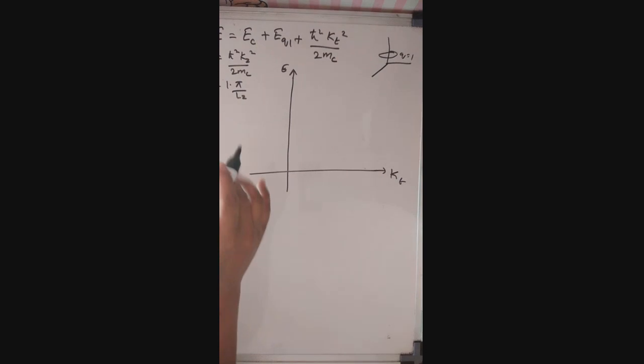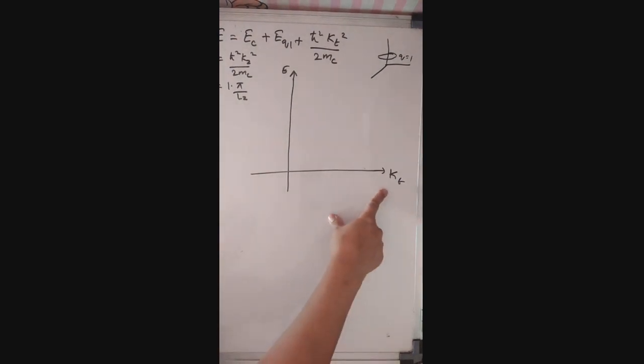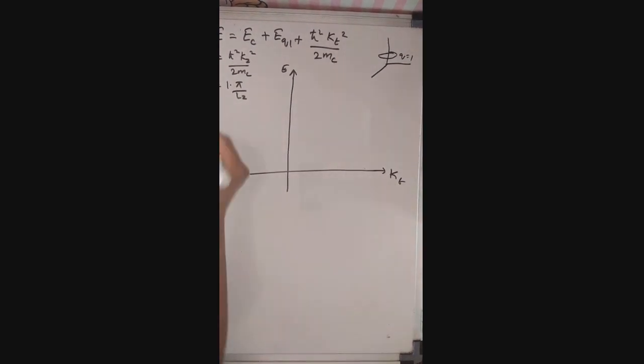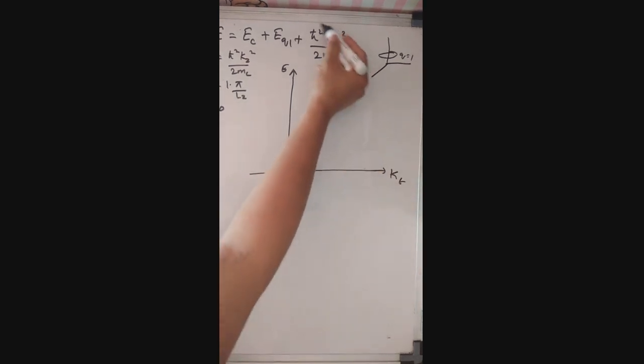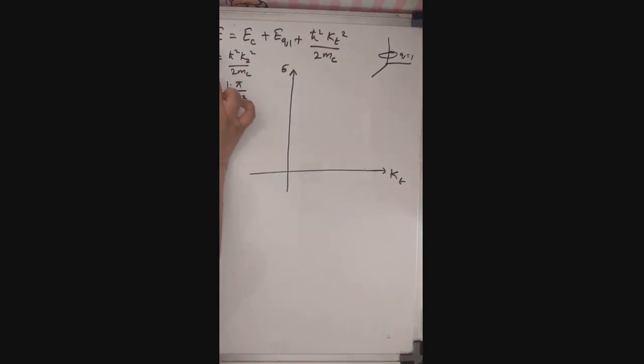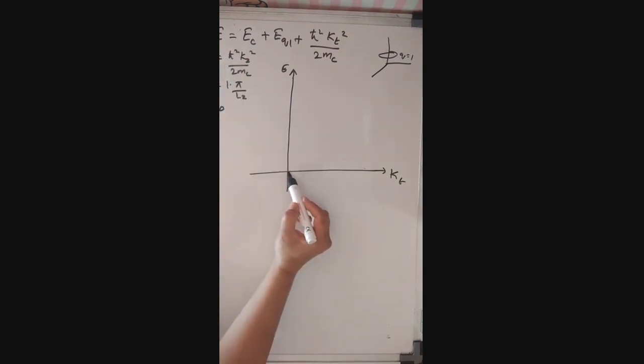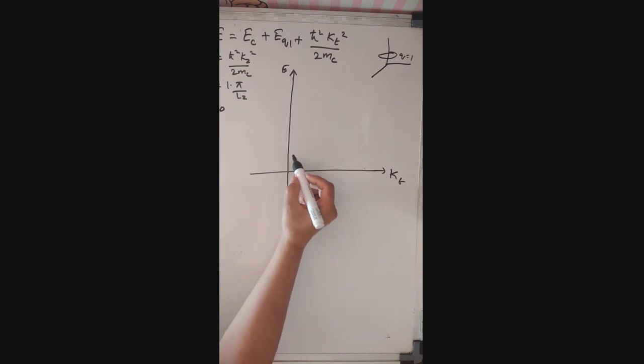Okay, so now plotting this in terms of kt, when kt equals 0, this whole term will be 0, then we have only E = EC + EQ1. It means when kt is 0, at the origin, the energy value is EC + EQ1.